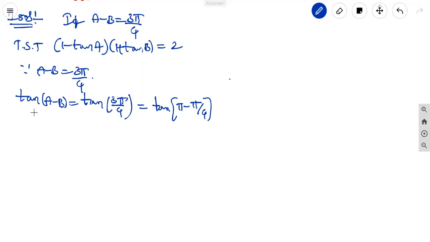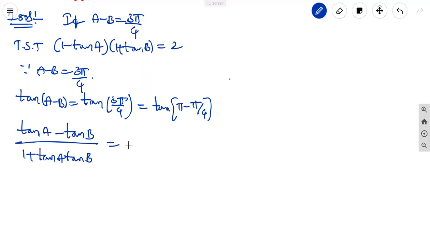So on the left hand side, we apply the tan of A minus B formula: tan A minus tan B by 1 plus tan A tan B. In the second quadrant, tan is negative, so it is minus tan of pi by 4, that is equal to minus 1.